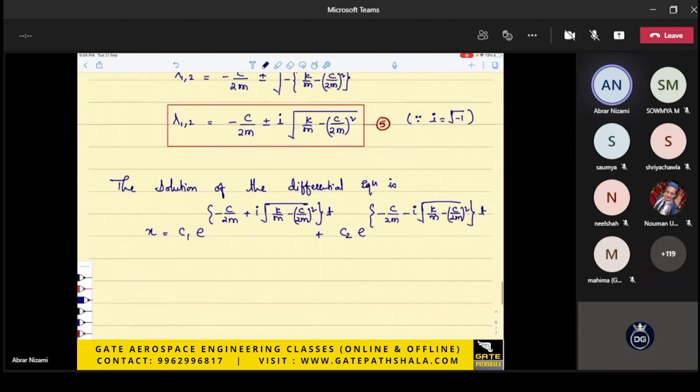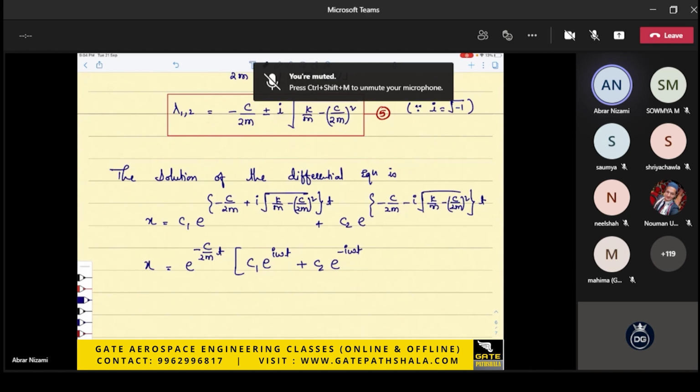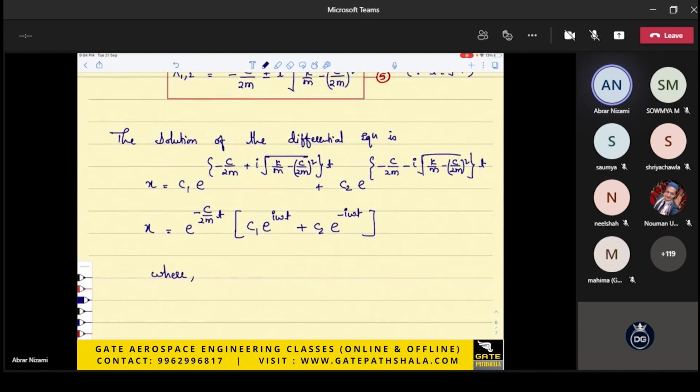Okay, from this if I take common e power minus c by 2m into t, I'll be able to write c1 into e power i omega t plus c2 into e power minus i omega t, where omega is under root of k by m minus c by 2m whole square. Hope you all got this.